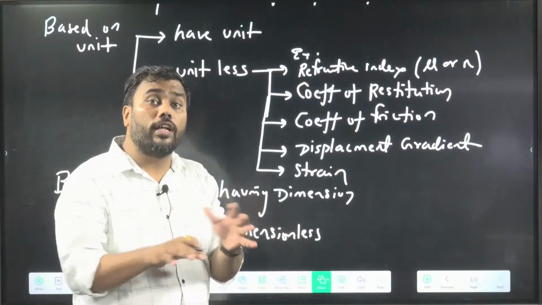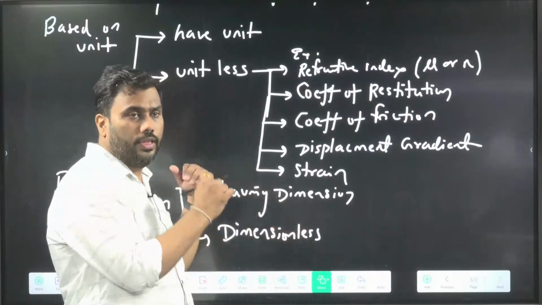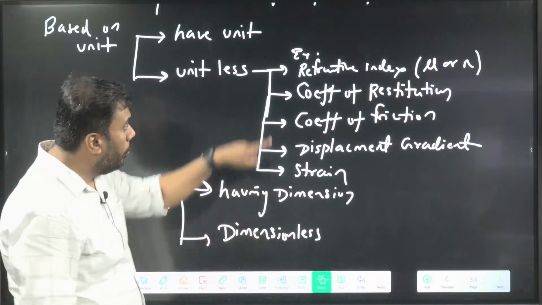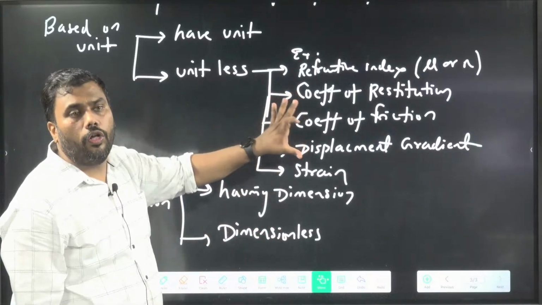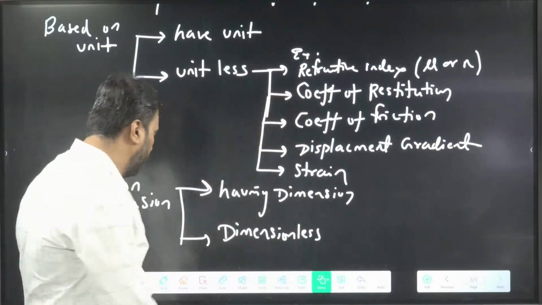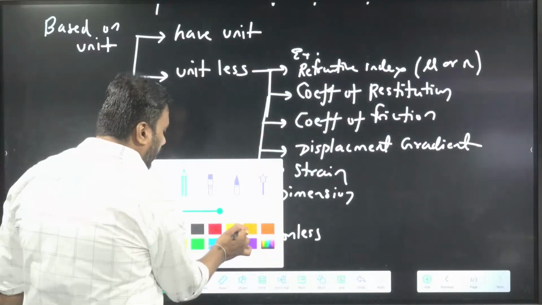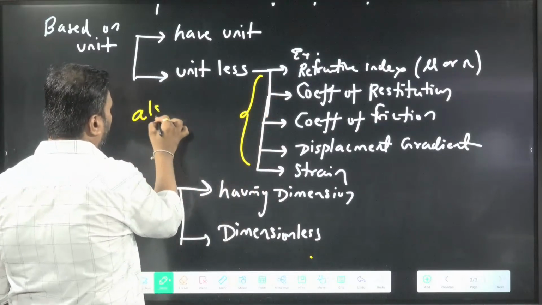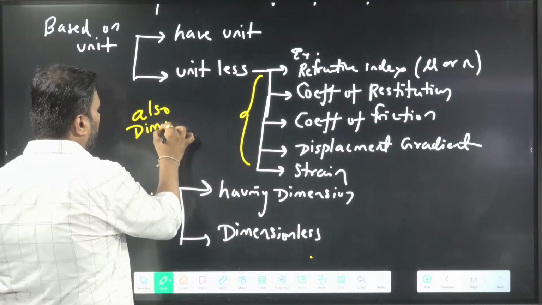Those which do not have dimensions are called dimensionless. The physical quantities which do not have dimensions are dimensionless. All the unitless quantities I mentioned here are dimensionless.